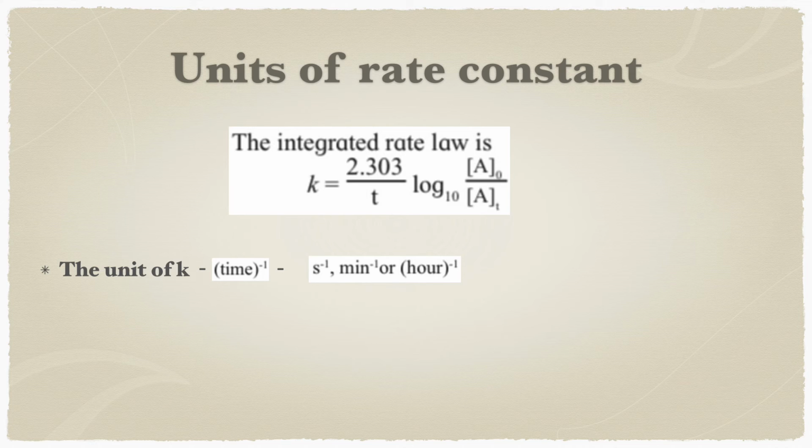So what is just remaining over there is t. So the unit of k is equal to t inverse. The different units of k will be s inverse, minute inverse, or hour inverse. Hopefully you understood how to find out the unit for the rate constant of a first order reaction.